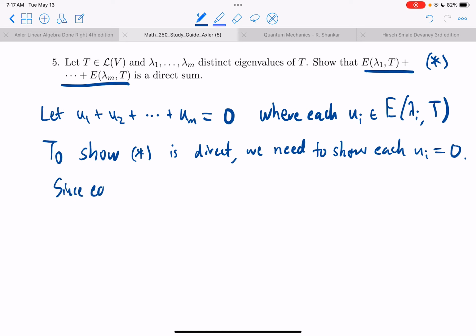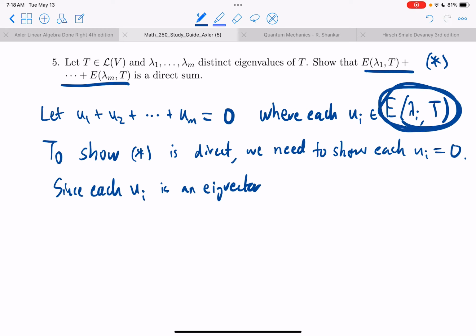Since each u_i is an eigenvector. Why is it an eigenvector? Because it comes from this subspace, and the set of this subspace is all the eigenvectors. It's an eigenvector, or zero. It could be the zero vector, but they're either zero or eigenvectors with distinct eigenvalues.